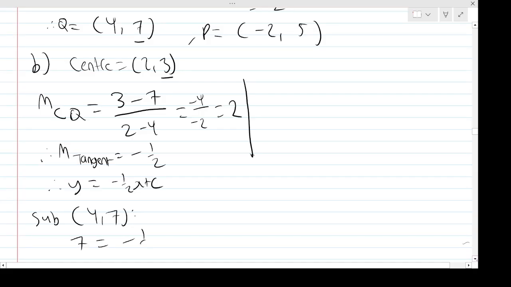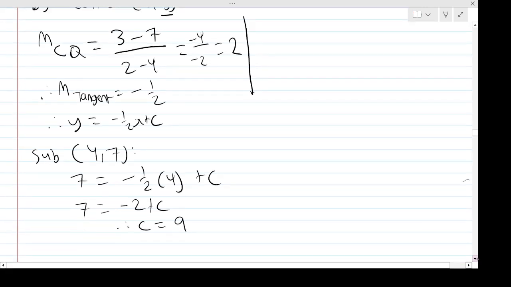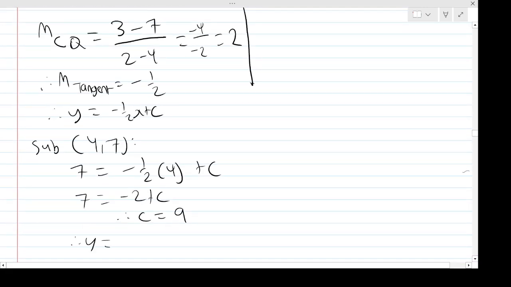So then 7 would be minus a half times 4 plus c. And then 7 is minus 2 plus c. Therefore, c is equal to 9. So therefore, y is minus a half x plus 9. So that's the tangent at Q.